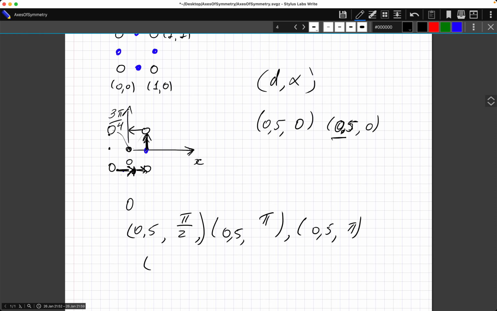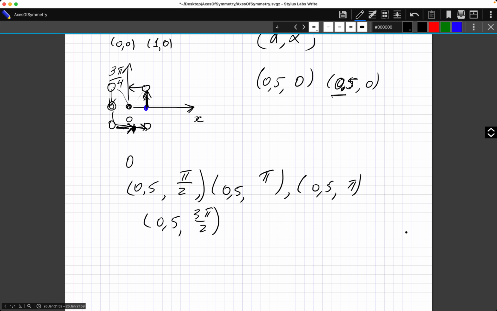Afterwards it is 3π/2, and that is it. This point already belongs to the lower half according to the way we organize this approach.